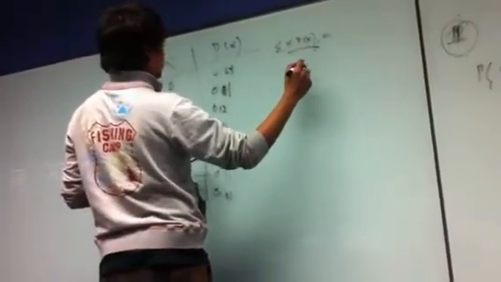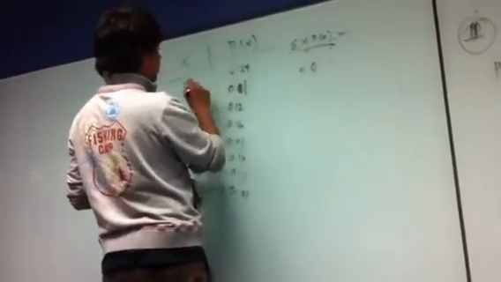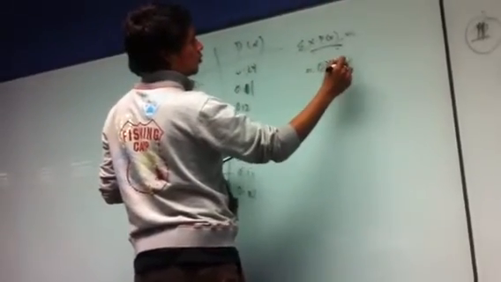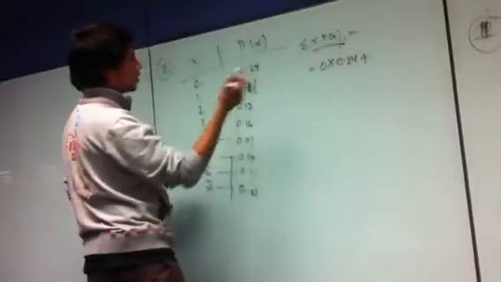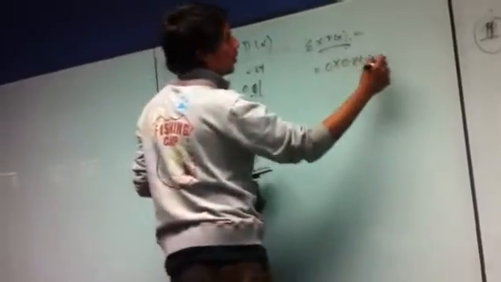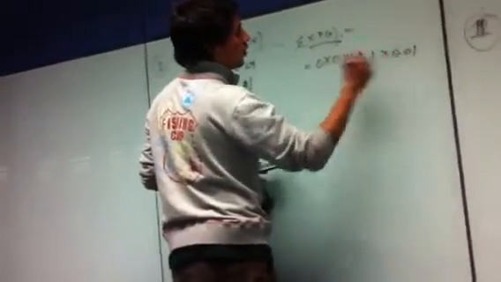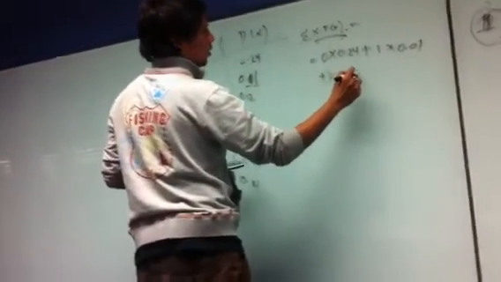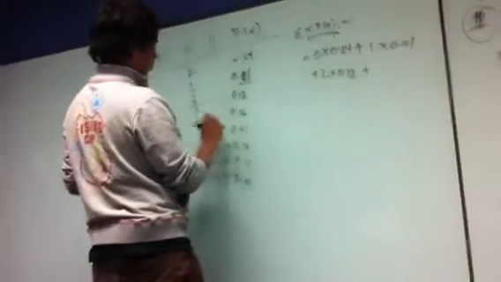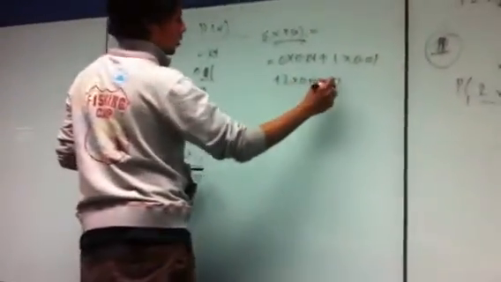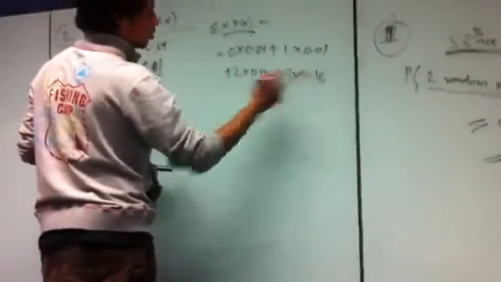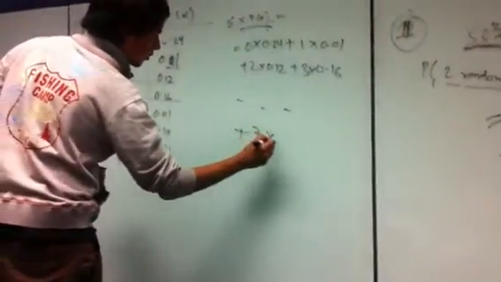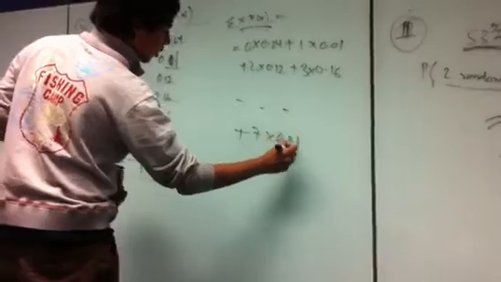So what you do is, your first X is 0 times 0.24, so it's going to be 0. Plus your second one, 1 times 0.01. The third one is 2 times 0.12. Plus your fourth one, 3 times 0.16. So you do it all the way till 7 times 0.21.